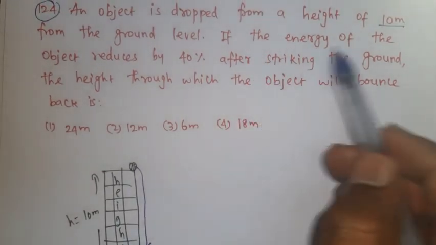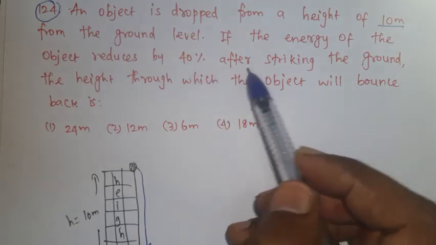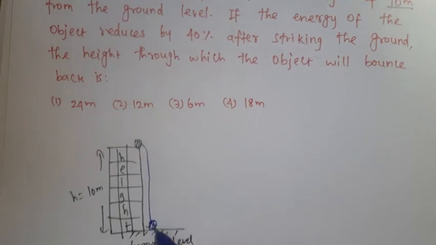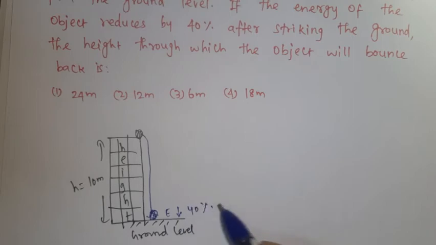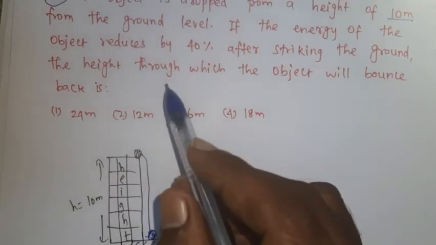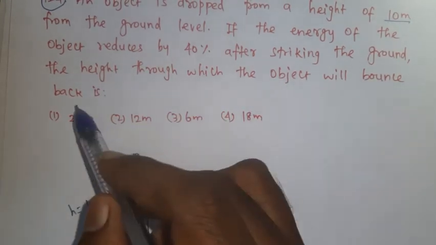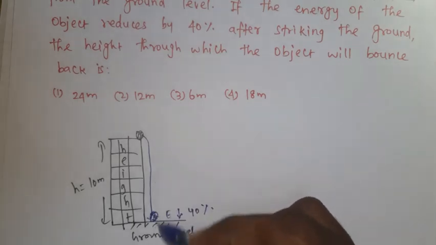If the energy of the object reduces by 40% after striking the ground, then the height through which the object will bounce back. So if the energy is reduced by 40%, with the help of the remaining 60%, how much height will it bounce back?